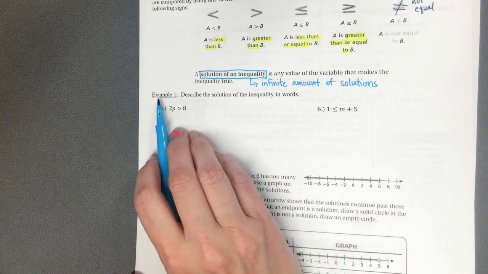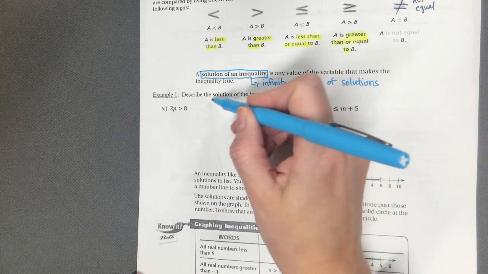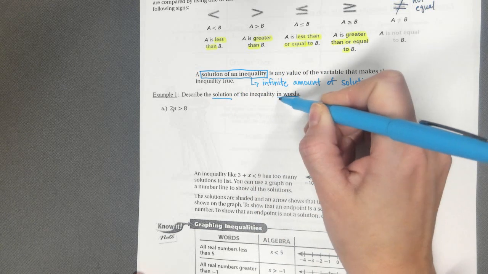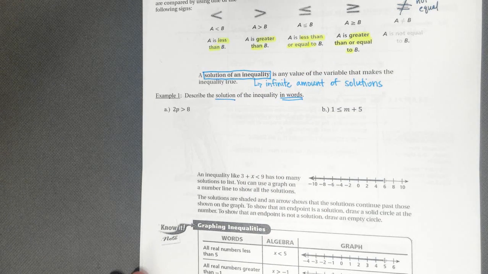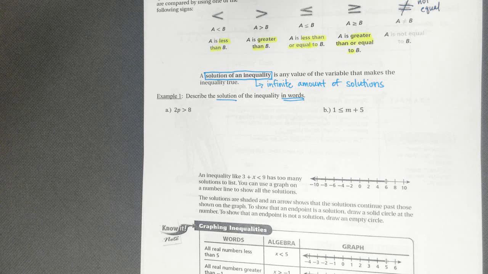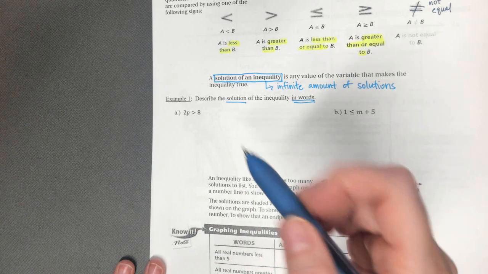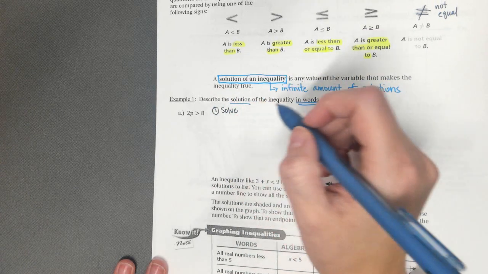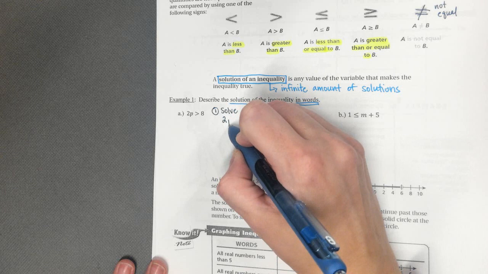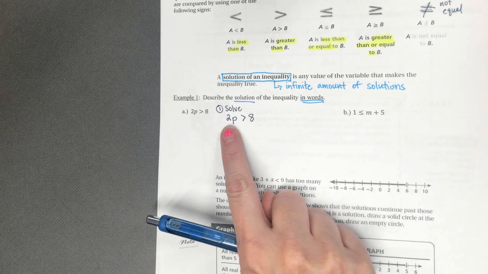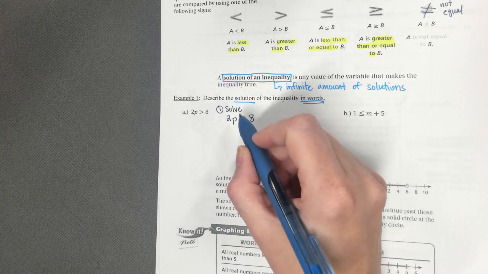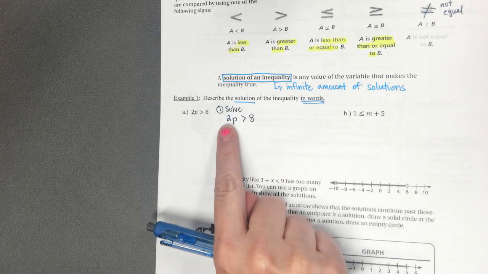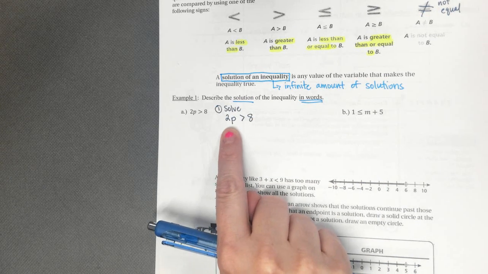It says, example 1, describe the solution in words. Okay, so the first step is going to be to solve this inequality. And you really can treat this like an equal sign. If this was an equal sign, then from both sides we'd have to, do you guys want to tell me, how would you remove the 2 from the P? Divide.